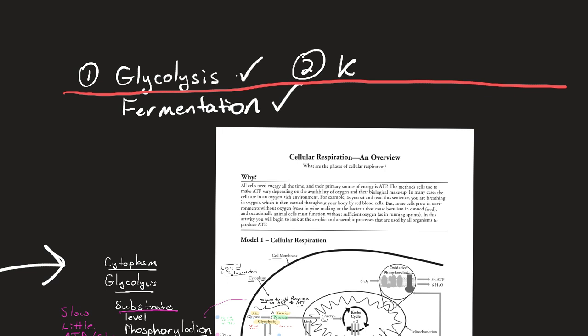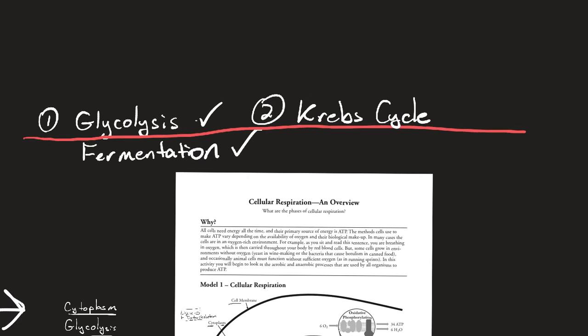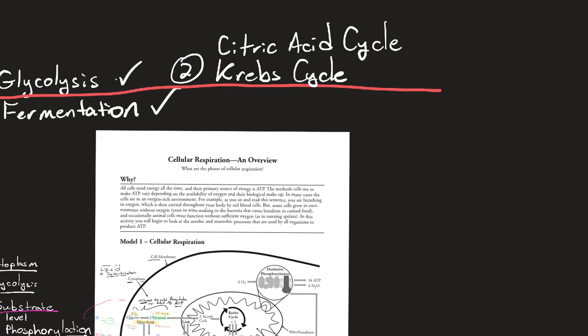Now, it's Krebs cycle, capital K, because it's a guy's name. The other thing is, it's also known as the citric acid cycle. And it's also known as, I always forget one of the 3. Always a different third as well.